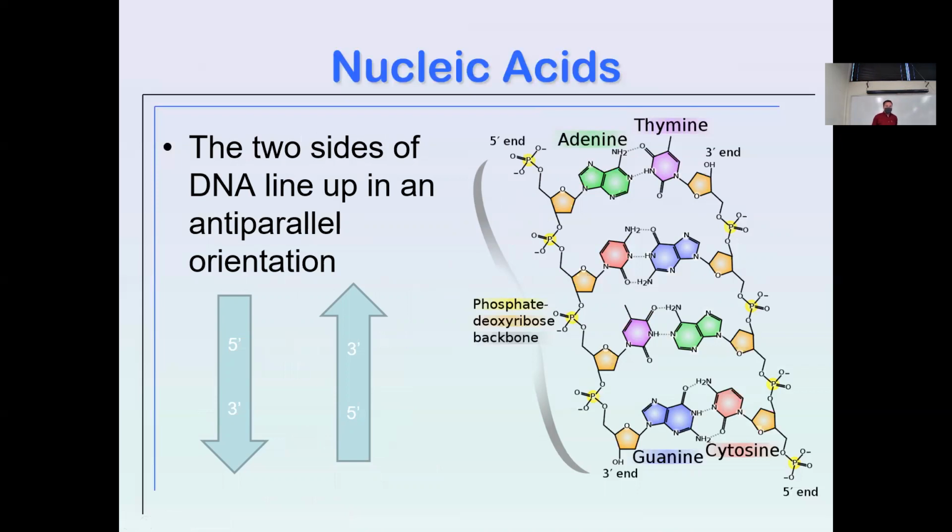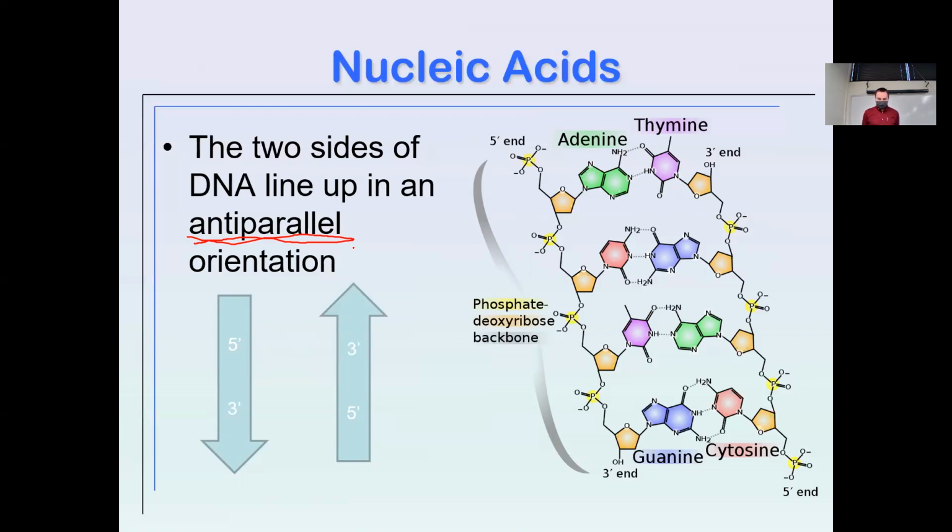On the other side of the strand, it's going from 3 to 5. I know it's kind of hard to see. There's a lot going on there. I get that. What we do want to understand is they're running in what we call an anti-parallel orientation. The strands are basically running opposite directions of each other.